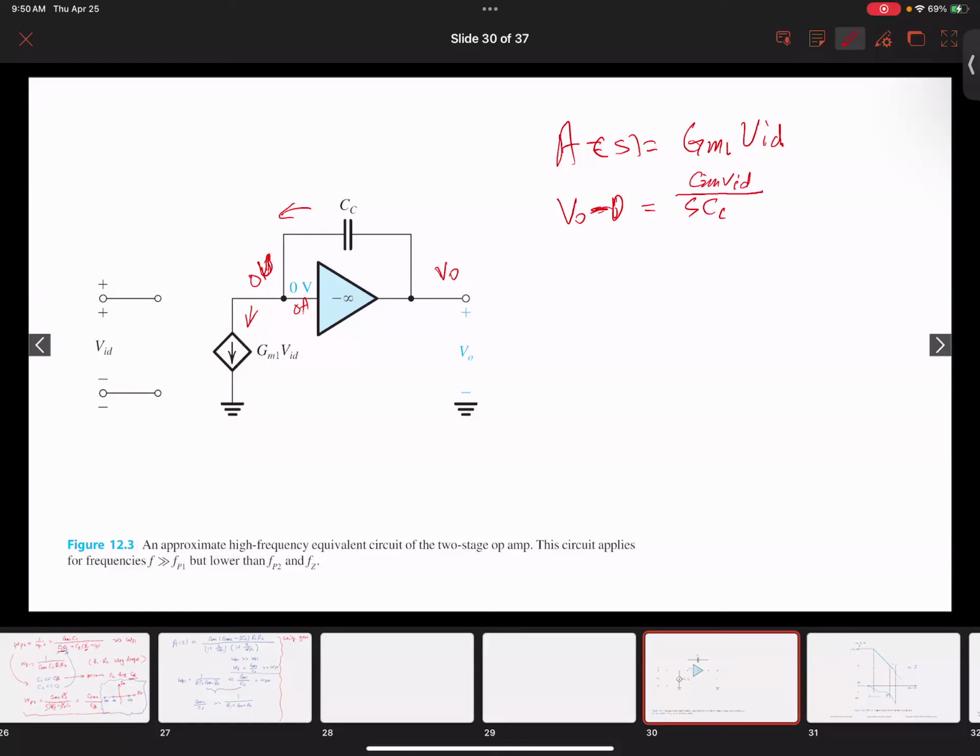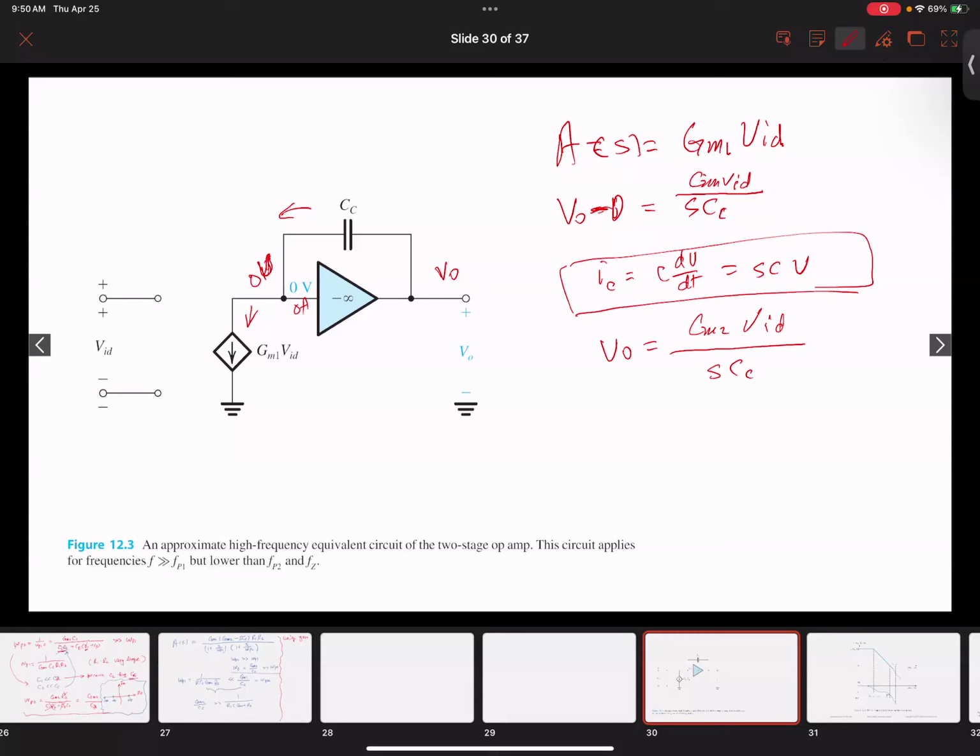So in other words, remember the current of a capacitor equals C dV over dt, right? Or equals SC times V. That's what we have in a capacitor. So therefore, in this case, we have VO equal to GM2 times VID divided by SCC.